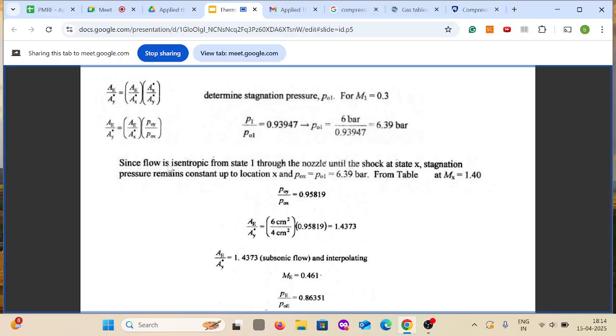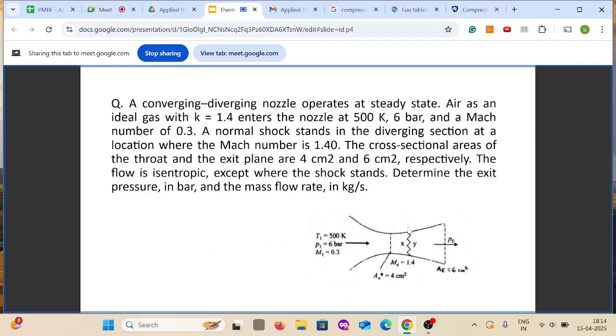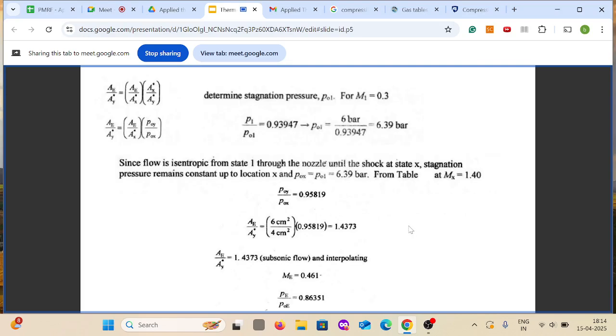So now, since we know that the flow is isentropic, till P naught at X, your stagnation pressure will remain same, because across the normal shock there will be reduction in the stagnation pressure and your entropy increases, and this all we saw in the previous week. So up to location X, your stagnation pressure will remain same, so 6.39 bar, and we know that at Mach number 1.4, your normal shock is occurring.